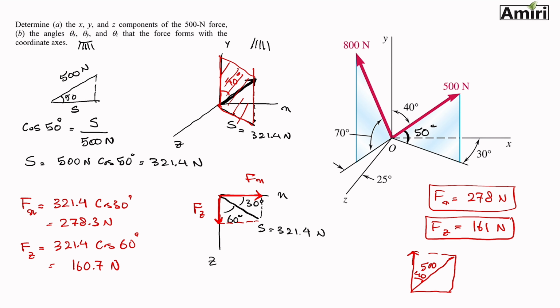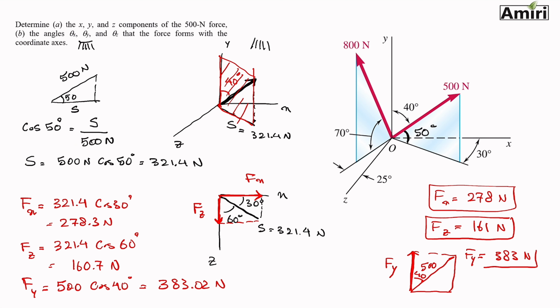And this is my Fy that I'm interested in. So all I have to do is Fy equals 500 cosine 40. And that will result in 383.02. So Fy, three significant figures, 383 newtons. So that's part A. Part A is done.